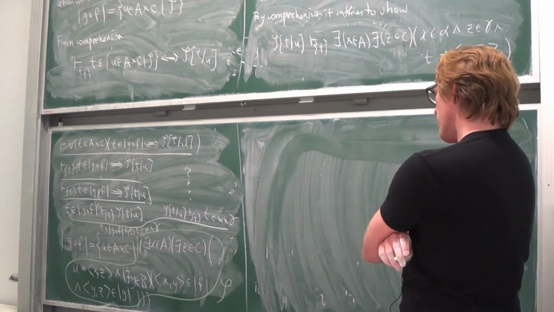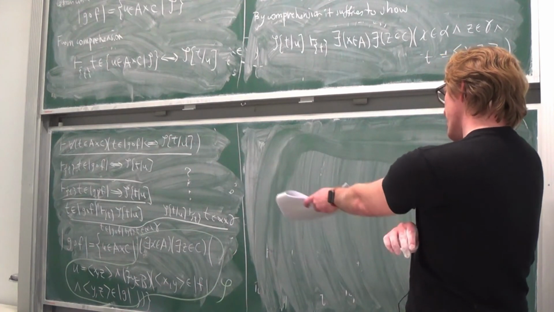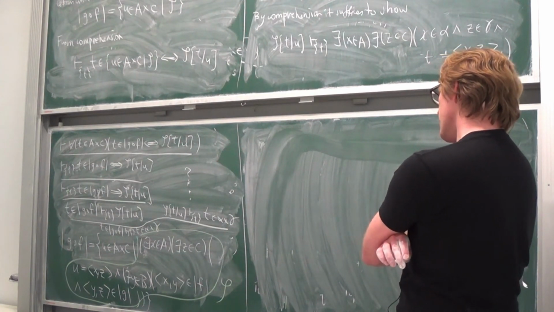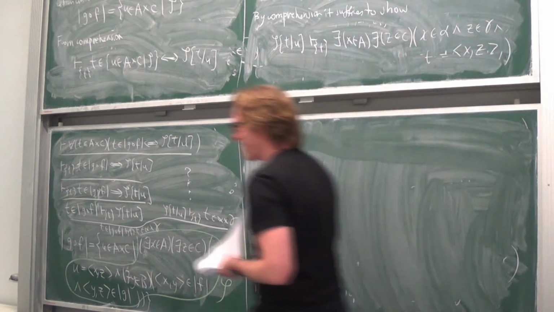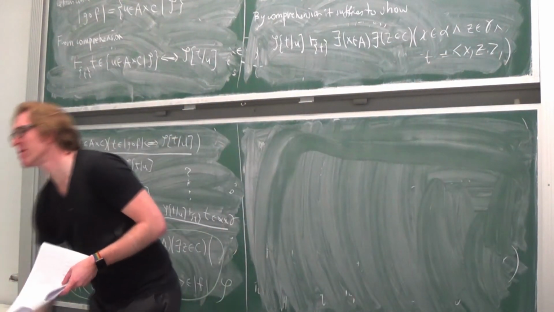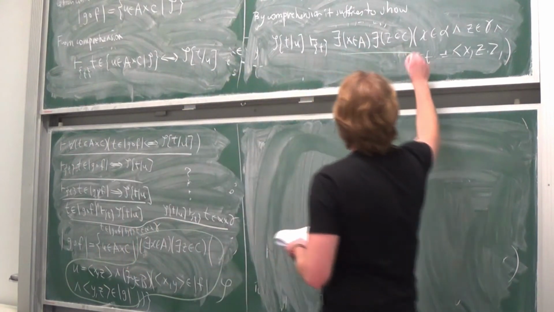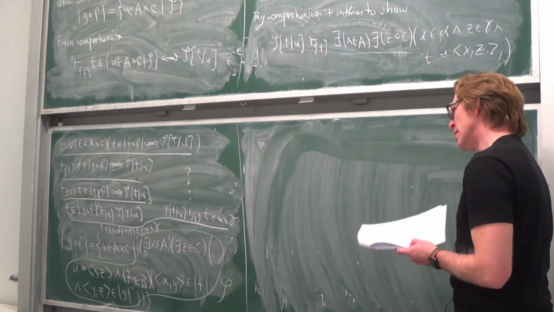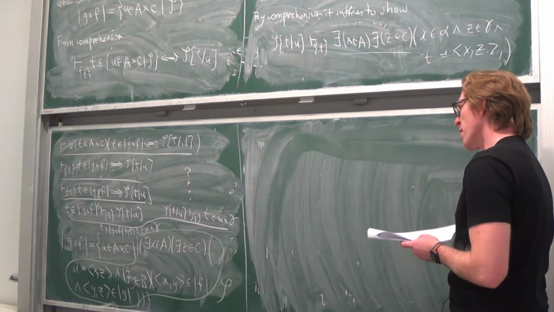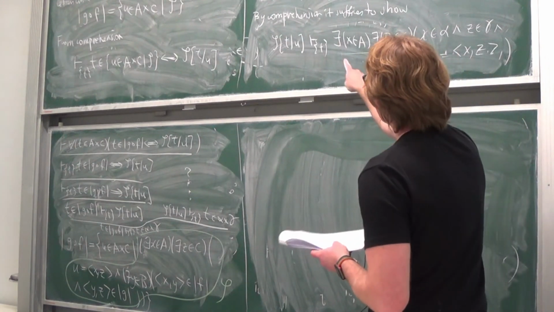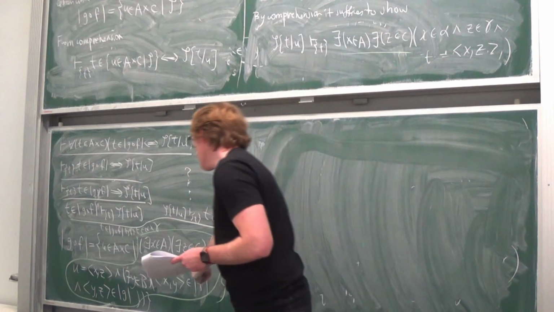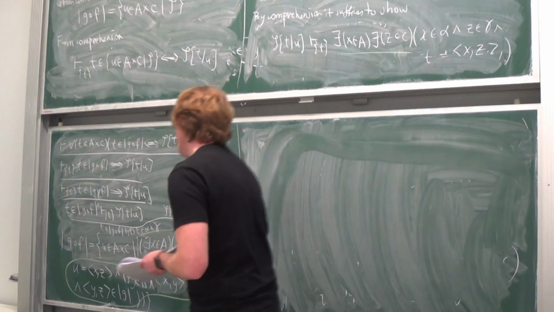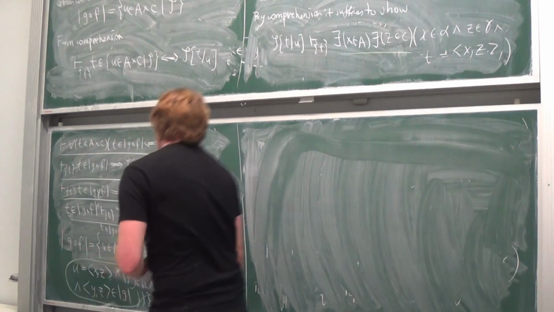Here's where we go back and look at phi. So phi looks like that: exists x, exists z. But this also looks like exists x, exists z, right? And this is where this exercise earlier comes in. By comprehension, here's phi with t replacing u. I just replace wherever u was there by t.